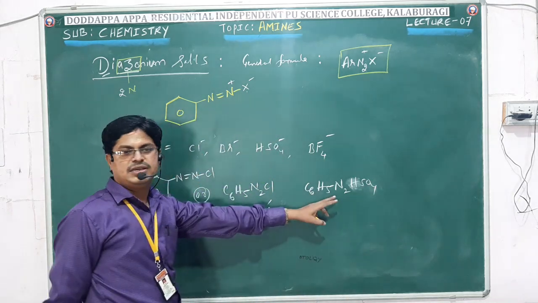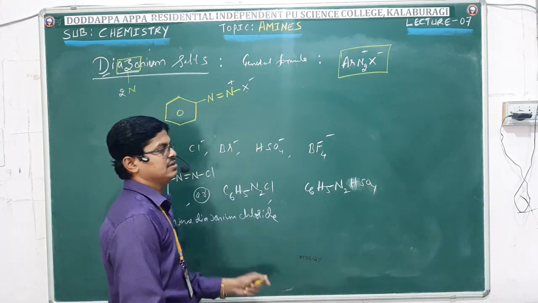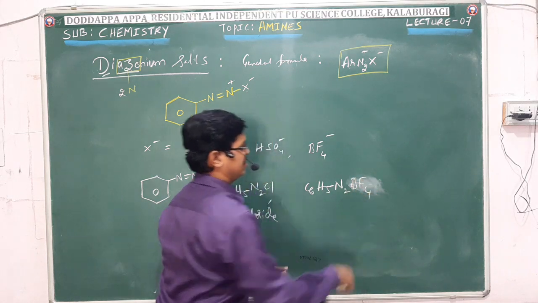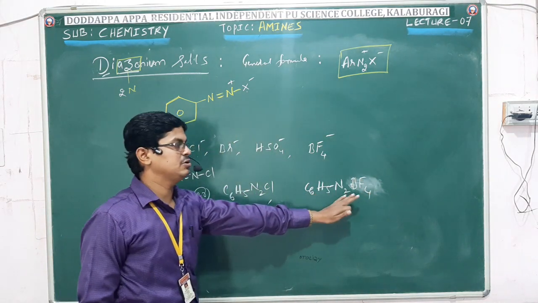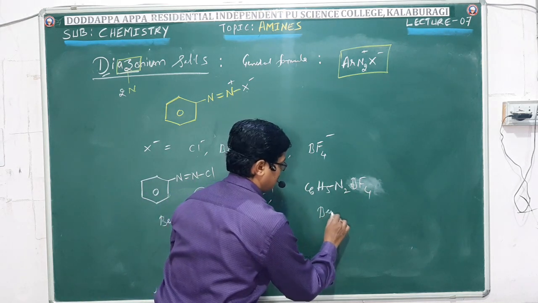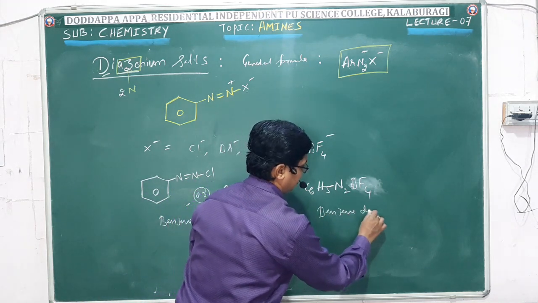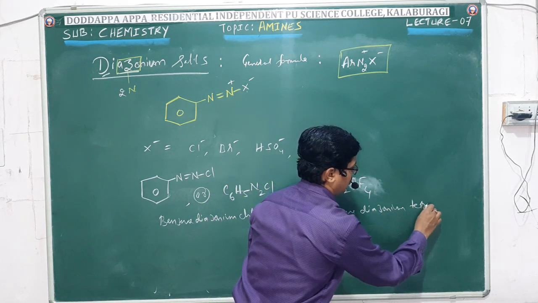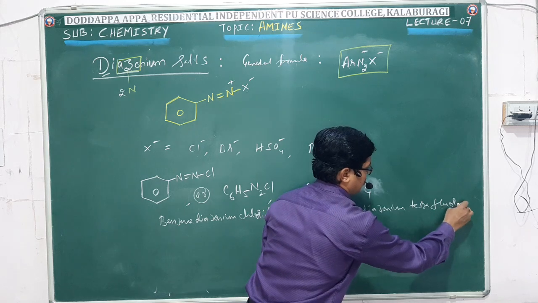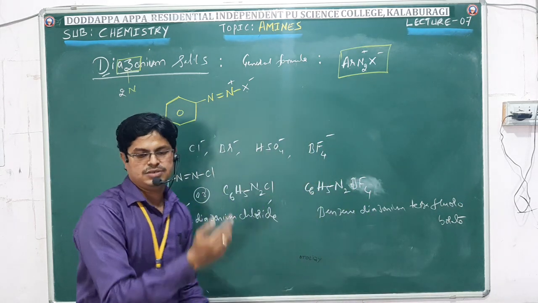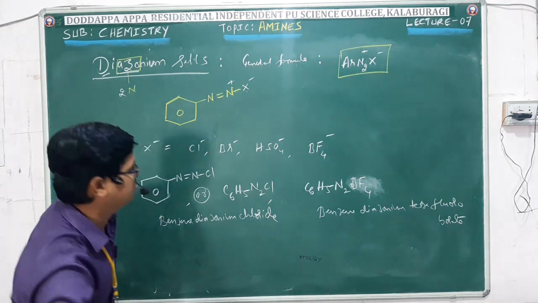C6H5N2HSO4, diazonium hydrogen sulfate. Similarly, replace HSO4 by BF4. It becomes benzene diazonium tetrafluoroborate. So this is what about the diazonium salt.